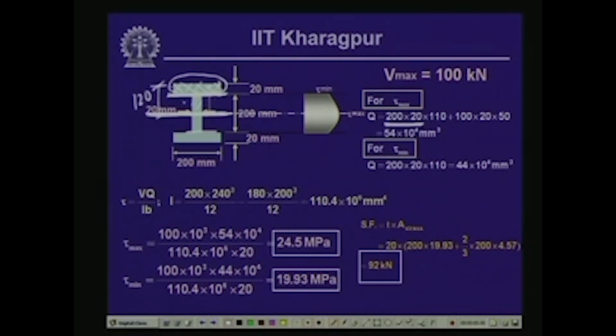So, 120 minus 10 is 110. For the second rectangle, the area is 20 times 100, and its CG distance from the neutral axis is 50. So, this is the value of Q for this particular section, where the shearing stress is maximum, that is, for tau max.